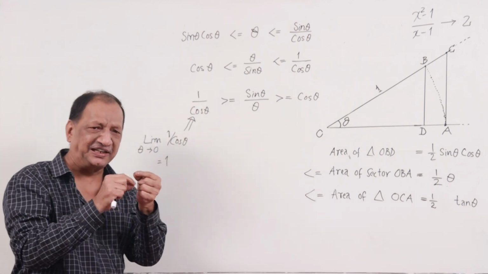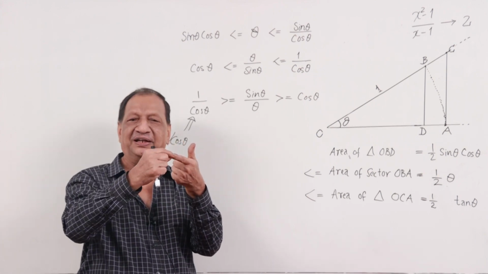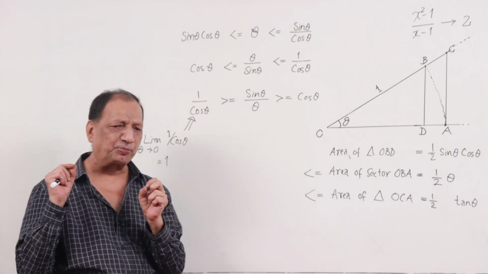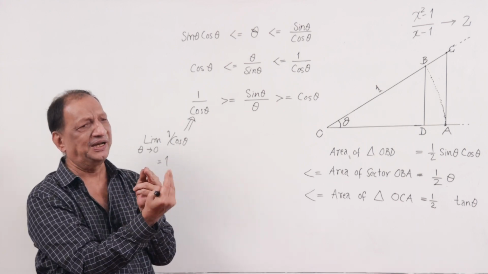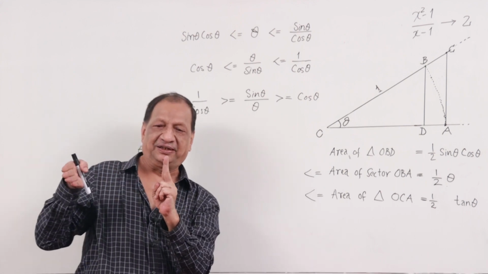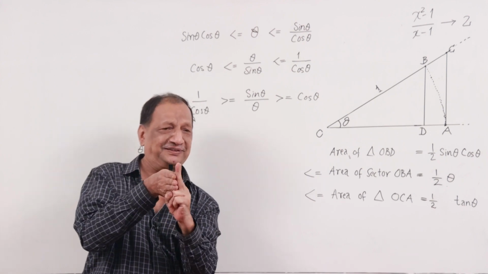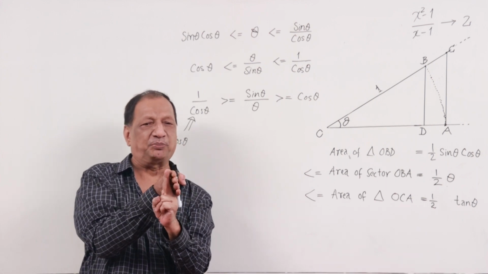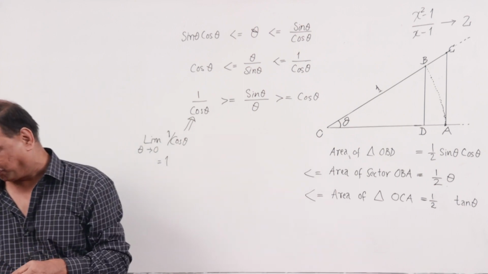Whereas 1 by cos theta is slightly more than 1, and when theta hits 0, it keeps reducing till it hits 1. So 1 by cos theta approaches 1 from the right side, slightly higher, and becomes 1. And cos theta approaches the same 1 from the left side, lower, 0.9, 0.99, and 1. So that's the limit. Both of them are approaching 1 only. Right? That's not the point.